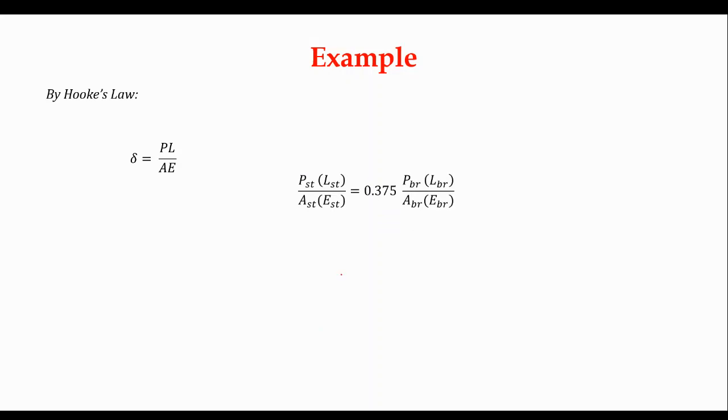So, having known that, we can actually substitute all the known values, 'di ba? Kasi nga, this is elongation sa steel is equal to 0.375 elongation sa bronze. Okay? So, substitute lang.